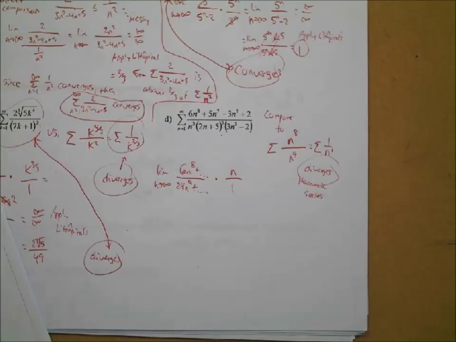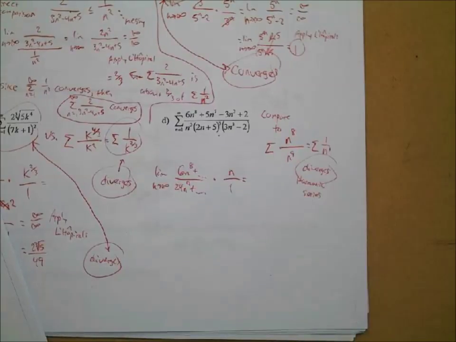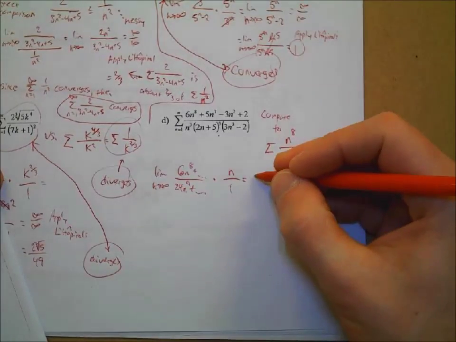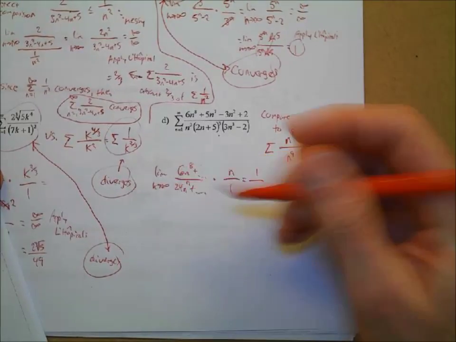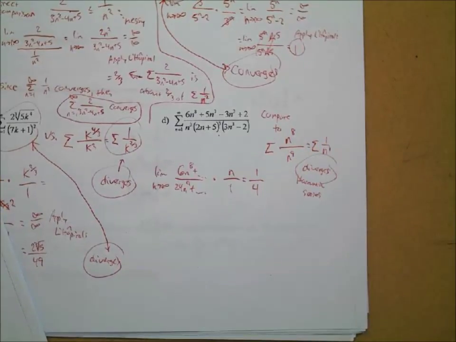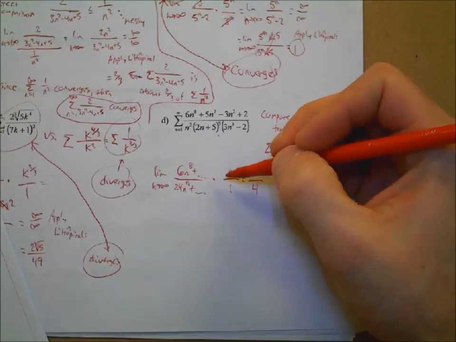And so we expect this as the limit as n approaches infinity. Again, I'm skipping the applying L'Hopital stuff, okay? But what do we end up with? 1 over, 6 over 24, so it'll be 1 over 4 is what that's going to equal. Question?